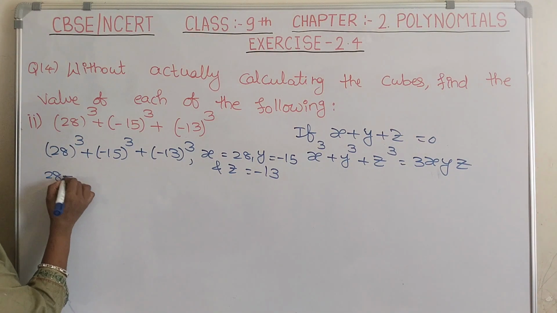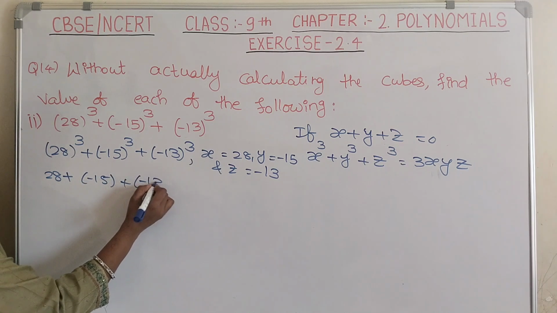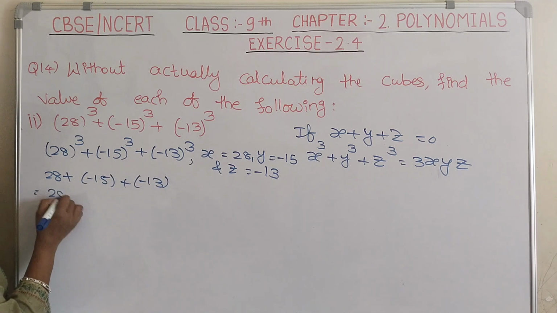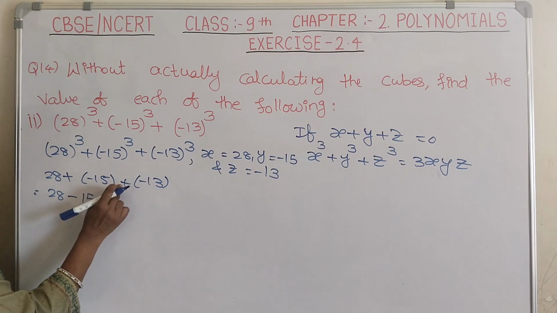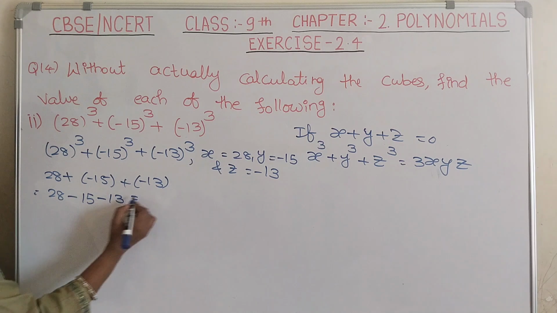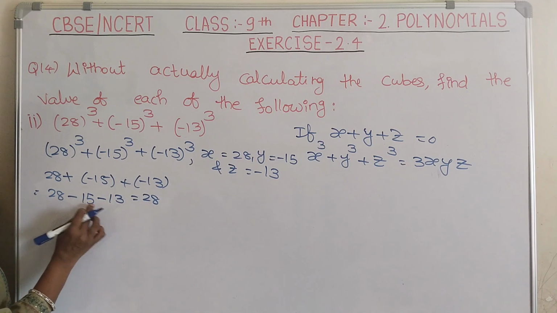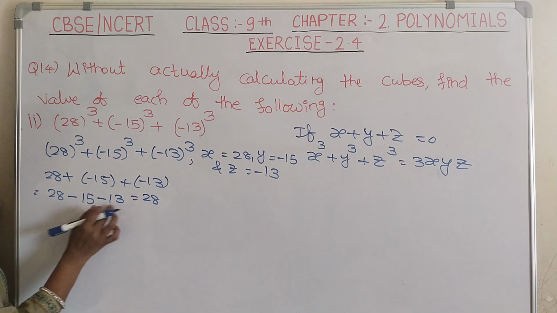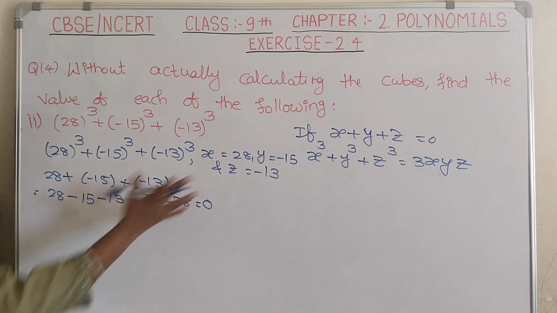28 plus minus 15 plus minus 13. Here these two numbers are having the same sign, so 15 plus 13 is 28 with a minus sign, minus 28, and 28 minus 28 is 0.